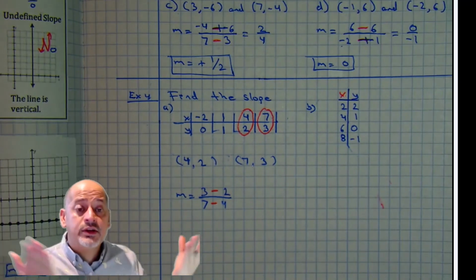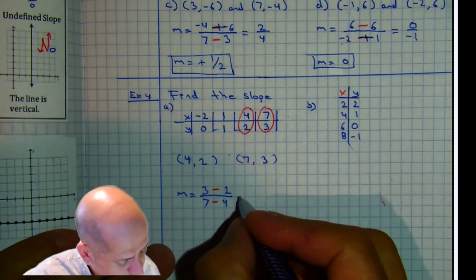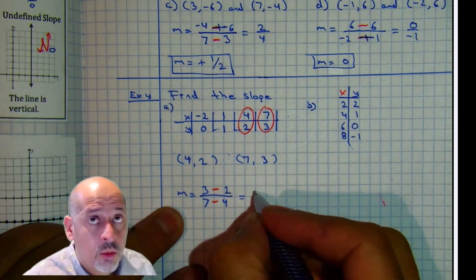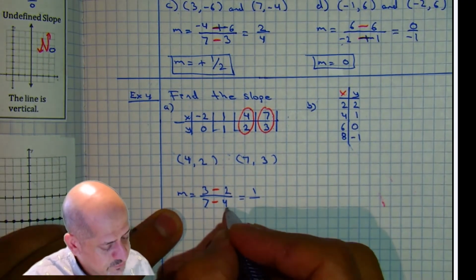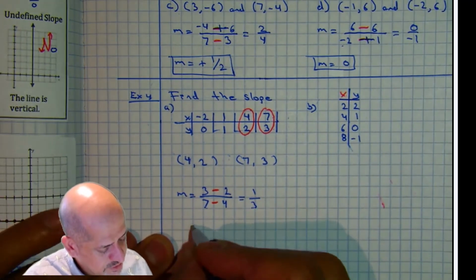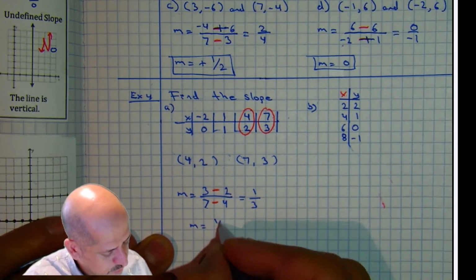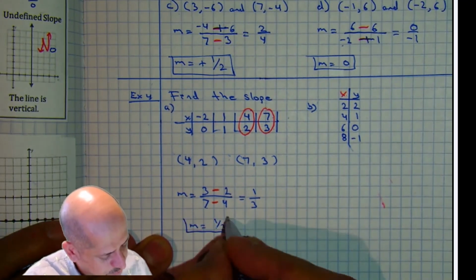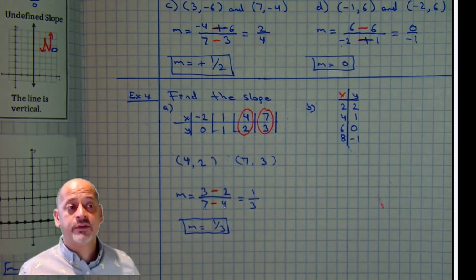Easy as that. So now we can actually simplify. So that gives me 3 minus 2 is 1. 7 minus 4 is 3. So my slope is 1 over 3. It cannot be simplified, cannot be reduced, and it's positive.